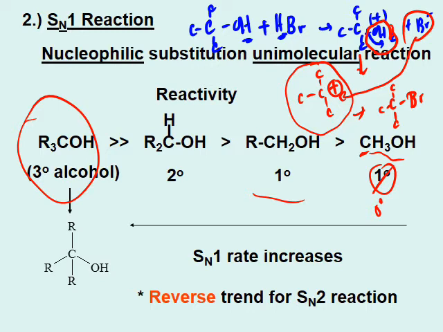So a methyl compound would be most reactive in SN2 reaction and least reactive for SN1 because a methyl group doesn't form a stable carbocation, and 1 degree also is not that stable. 2 degrees is more stable than 1 degree, but 3 degrees is most stable, and that's why the SN1 reaction goes through a 3-degree carbocation and is most favored that way.